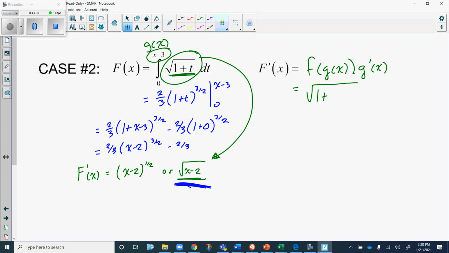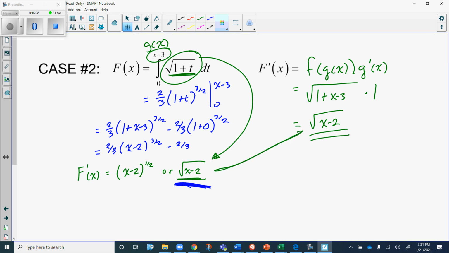So anywhere I have t, I'm going to put the g of x expression, which in this case was the x minus 3. And the derivative of the g of x expression, the x minus 3, so the derivative of g of x is just 1. So the radicand simplifies to be the square root of x minus 2 times 1 is just the square root of x minus 2. And so there we go.